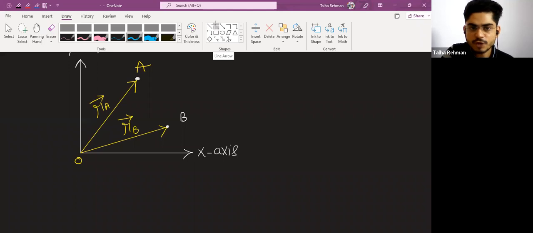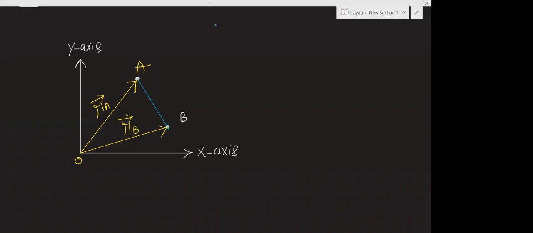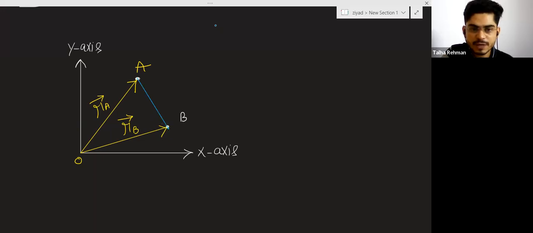And suppose you are moving from point A to B, like this. Earlier you were here, and now you are traveling like this, like this, like this, and now you are here. So this is not the position vector.